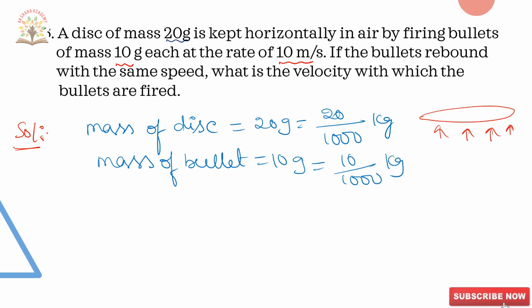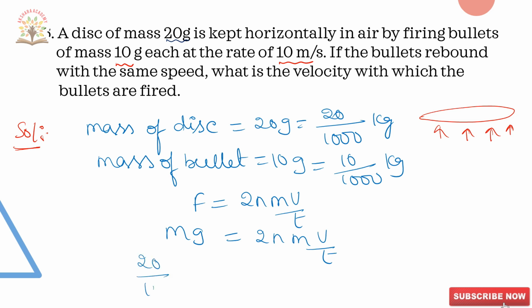Now we are finding the velocity. F is equal to 2n mv by t. F is nothing but mg, that is equal to 2n mv by t. Here m is the mass of the disc. So 20 by 1000 into g value 9.8 is equal to 2 into the number of bullets, which is given as 10 bullets per second.